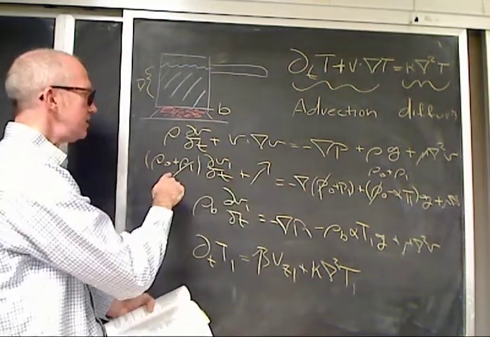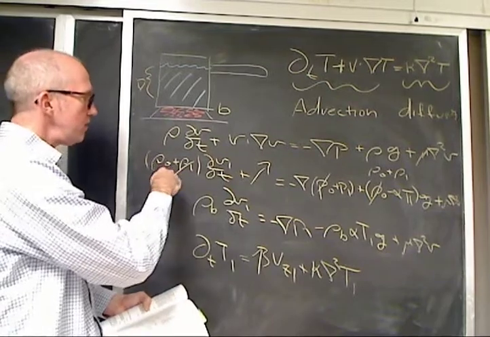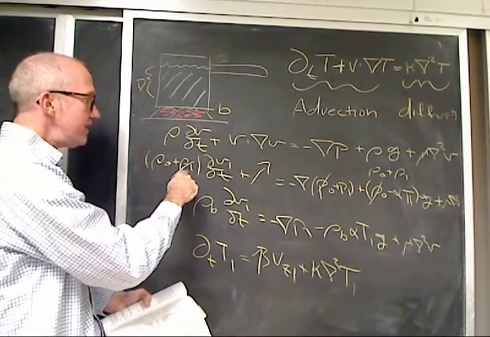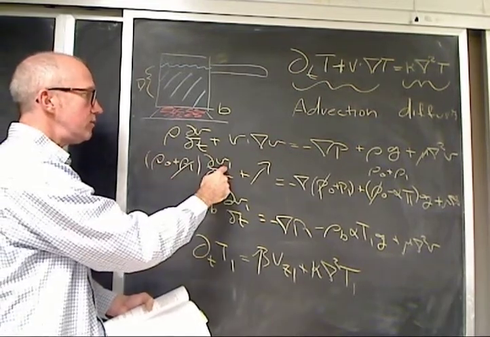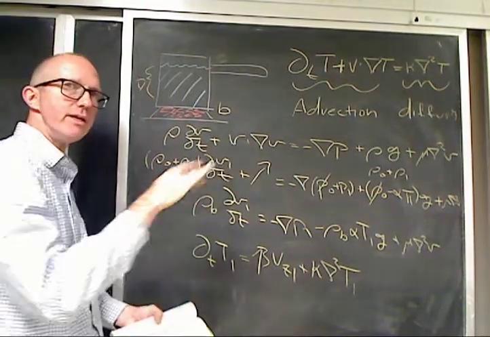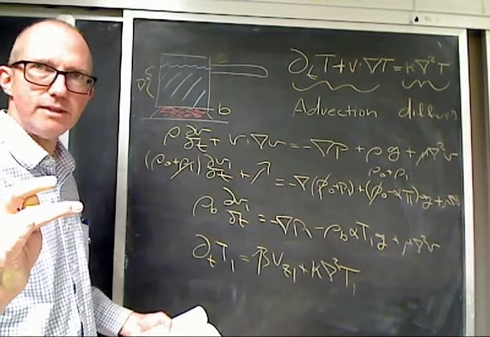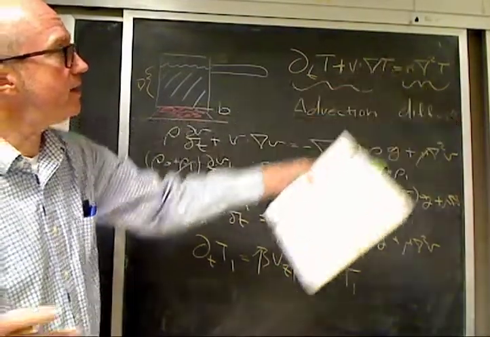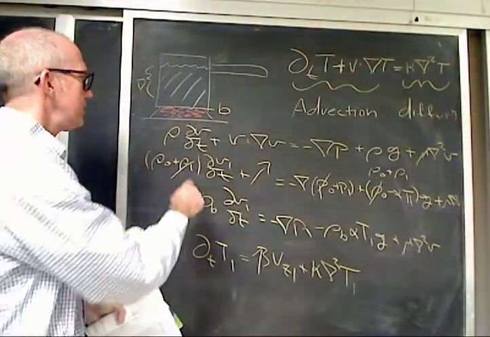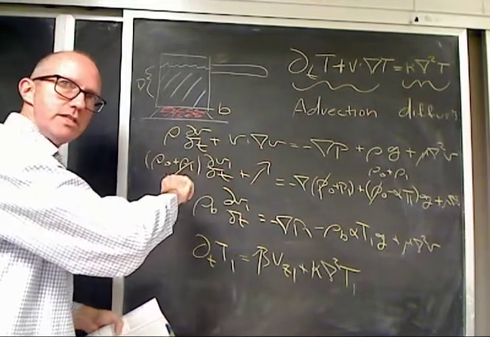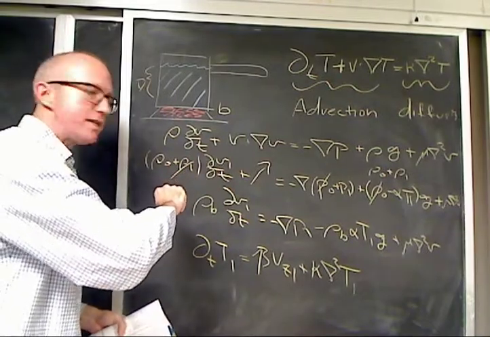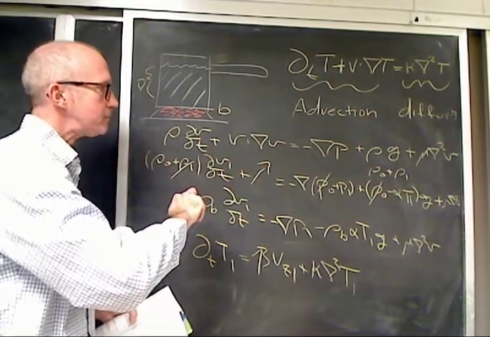We're expanding all of them as rho naught plus rho 1. This one, the rho 1 touches the v1, so I'm not going to bother expanding that out with everything that it is. I just didn't bother writing it out because I was going to scratch it out right away. Does that make sense?